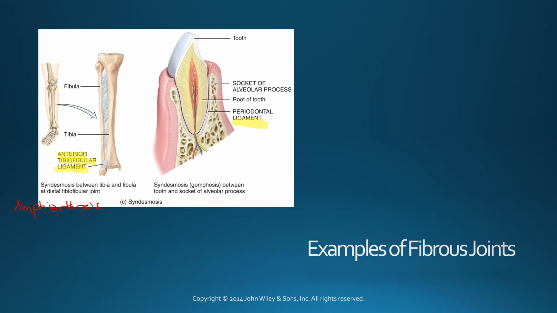Another example of a syndesmosis is called a gomphosis. And this is where a cone-shaped peg fits into a socket. So the only examples of gomphoses in the human body are the articulations between the roots of teeth and their sockets. And you're going to find these both in the maxillae and in the mandible.